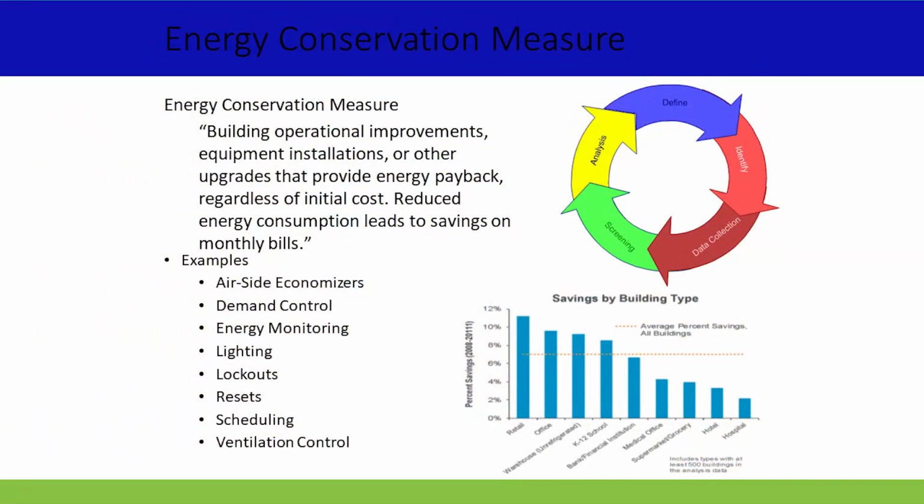Then we go into energy conservation measures. Energy conservation measures are building operational improvements, equipment installations, or other upgrades that might provide energy payback regardless of initial cost. They basically reduce energy consumption and lead to savings on monthly bills.